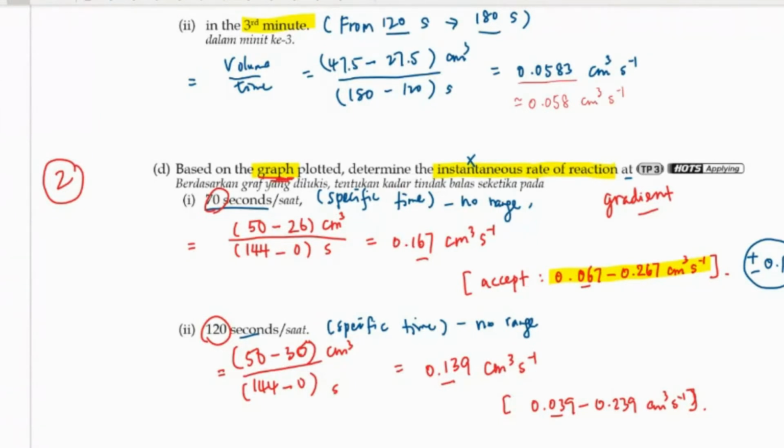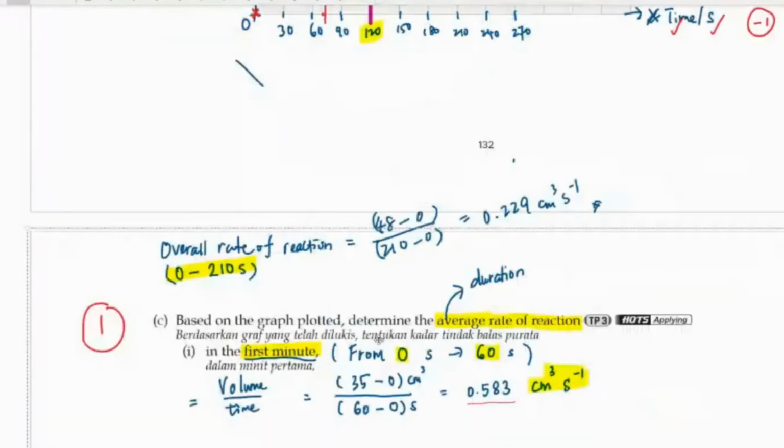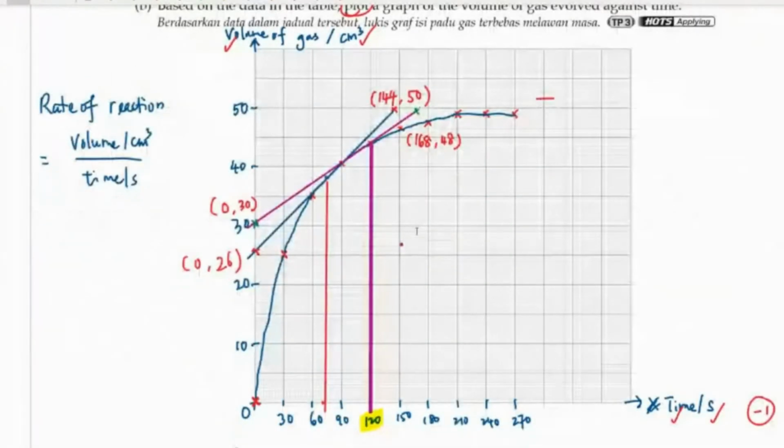So class, you can try. Make sure that you know how to do this. Now class, there is one piece of information I want to share with you here. Let's say this is a graph. If you see the gradient is steeper, it means that the rate of reaction is higher.